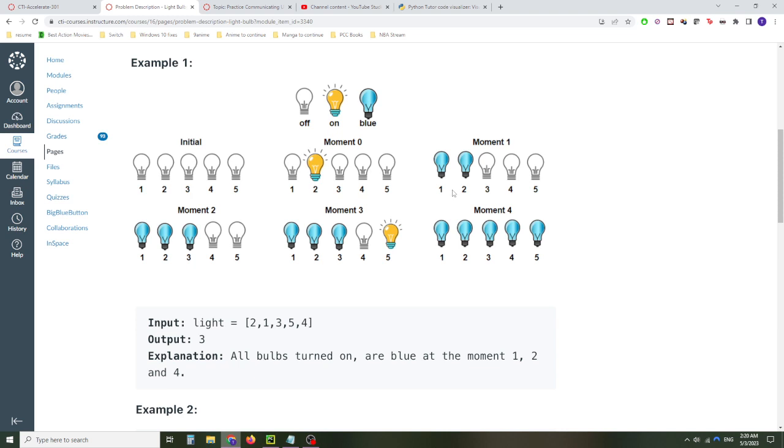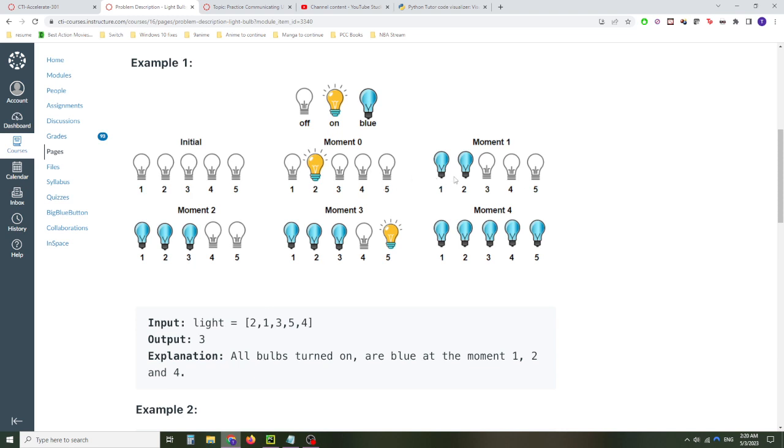So what's the summation of a sequence of n? In moment 1, n is 2. So 1 plus 2, the answer is 3. Then I also take the sum of the lights here, 2 and 1. The sum of 2 plus 1 is 3, and since the series summation up to n, in this case 2, is 3, which also equals the sum of these first 2 numbers, therefore all the lights are turned on.